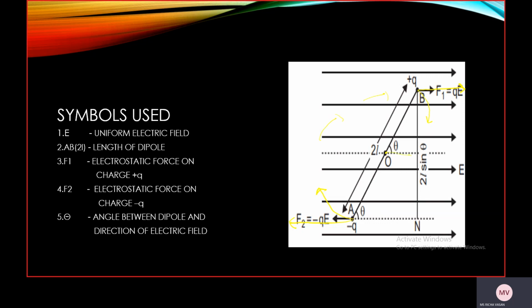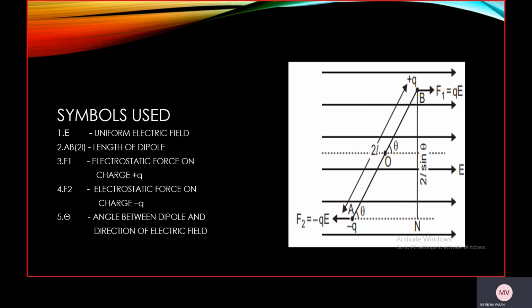It will not move here or there, but the two forces will form a couple and produce a rotational effect, and the dipole will start rotating about its axis. This is the axis we are talking about, right? So the dipole will start rotating about its axis in the uniform electric field.